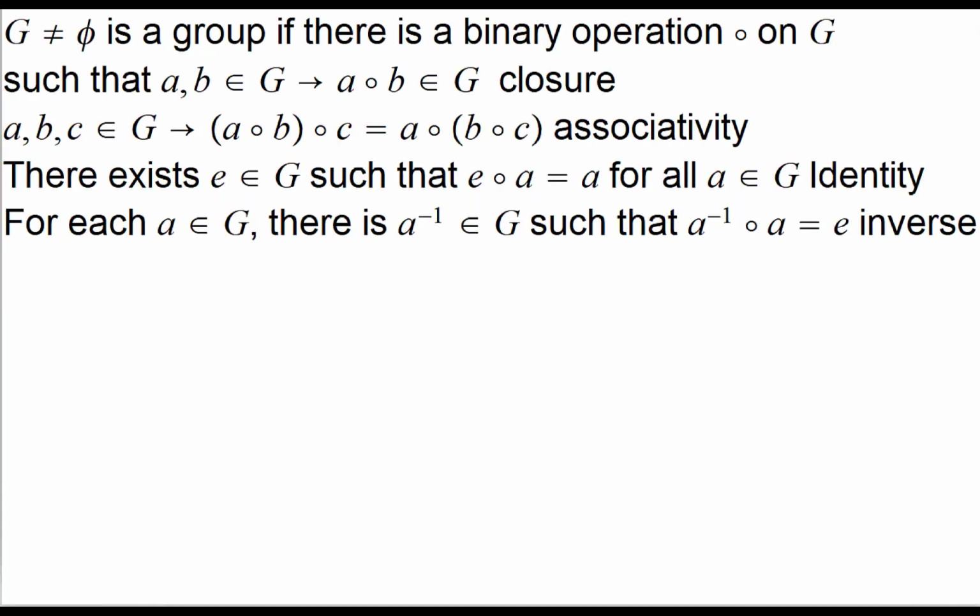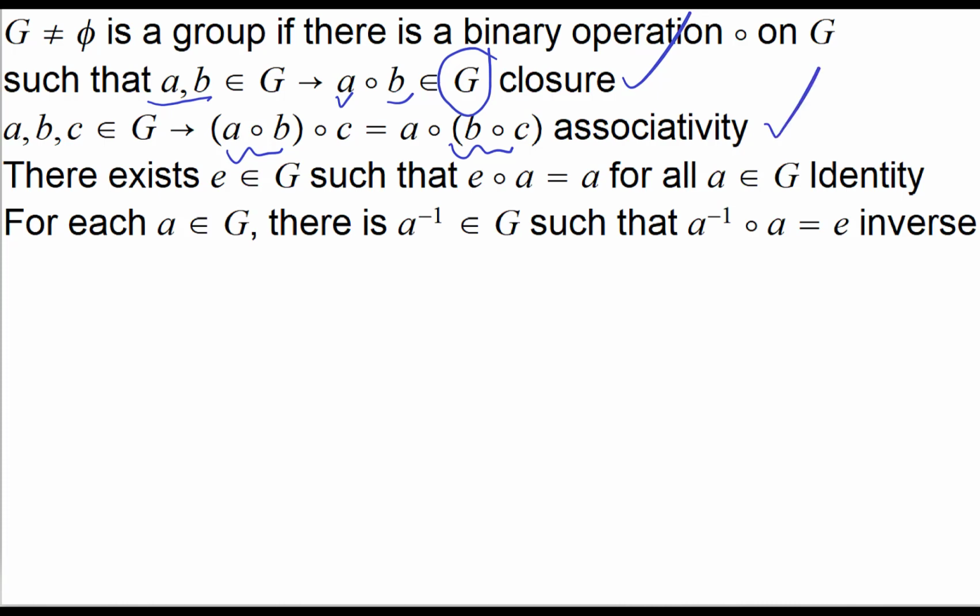Okay. So remember that we call a non-empty set G a group if it has a binary operation such that if we combine a and b via a o b, that is also in G, which is called the closure property. And for any set of 3 elements, we can pair them any way around if we are taking their product. This is called associativity.